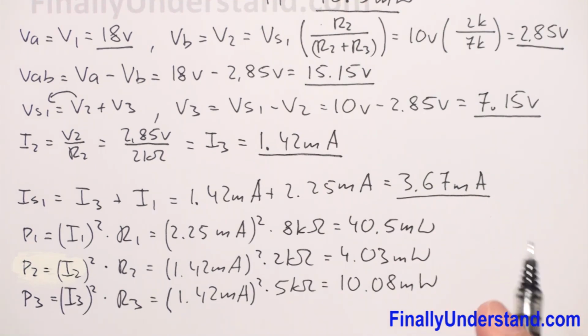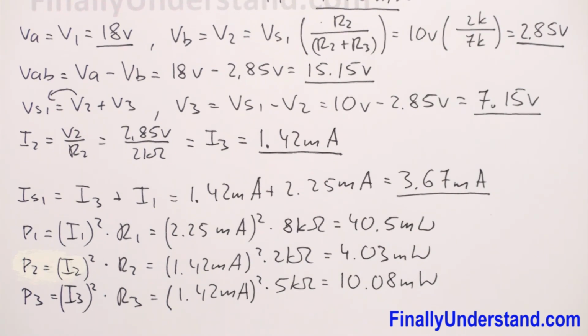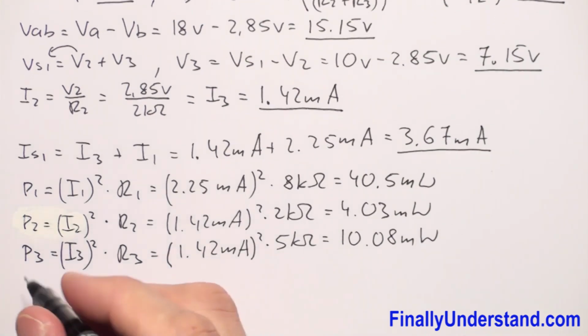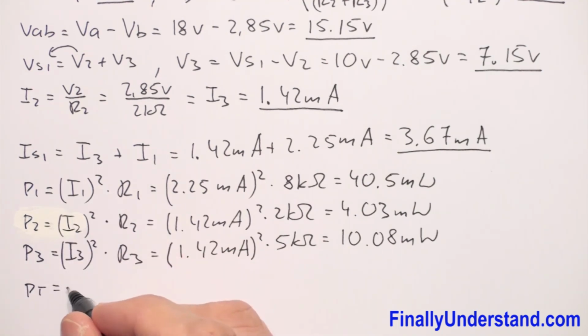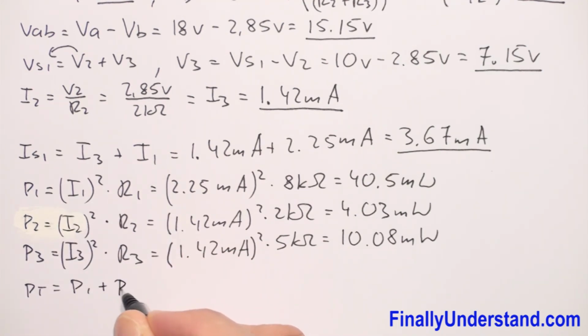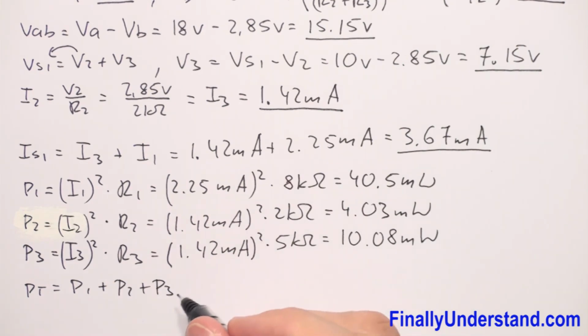Next, we're supposed to find the total power. Total power is going to be basically the sum of all these powers. So P total is equal P1 plus P2 plus P3. Remember, write formula first all the time.